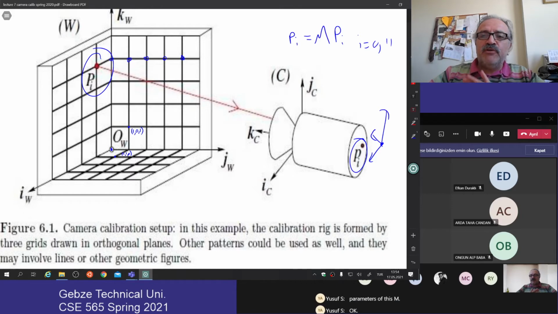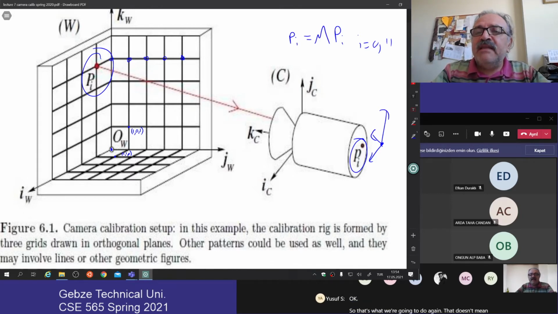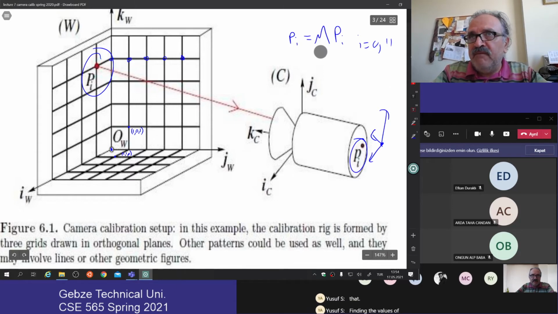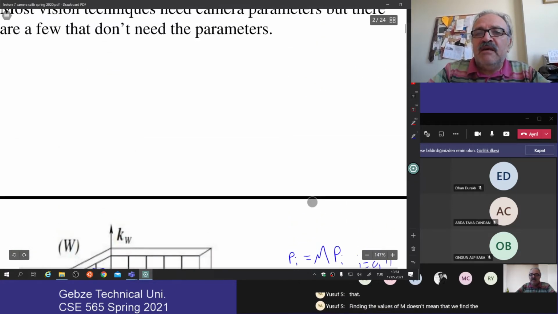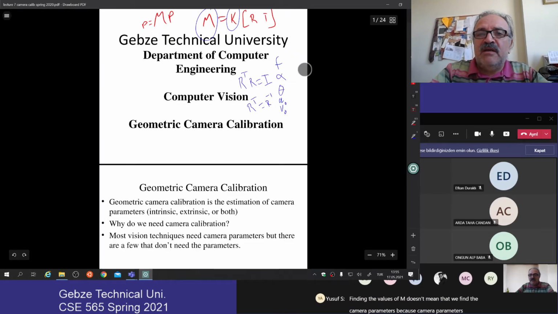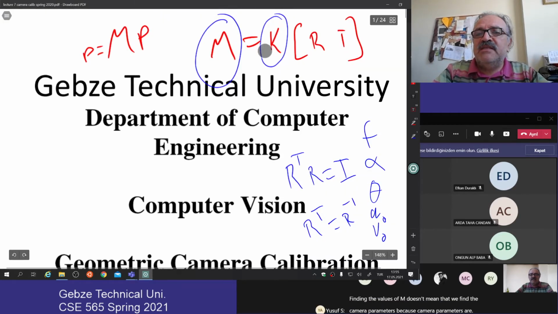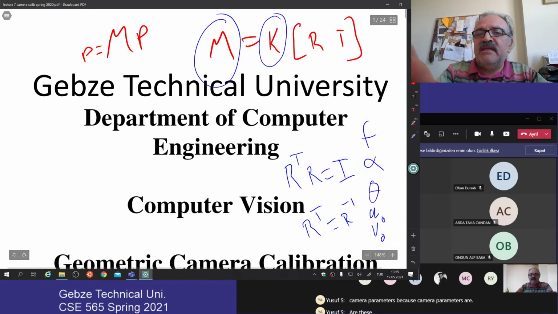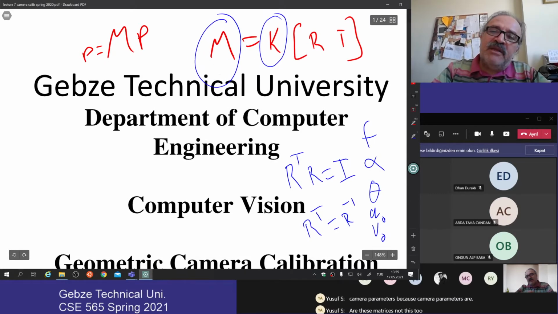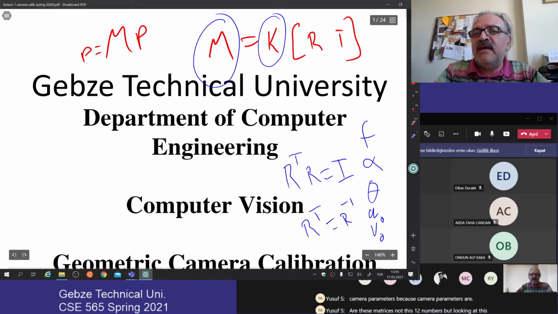So that's what we are going to do. Again, finding the values of M doesn't mean that we find the camera parameters, because camera parameters are these matrices, not these 12 numbers. But looking at these 12 numbers, we can go back and figure out these.